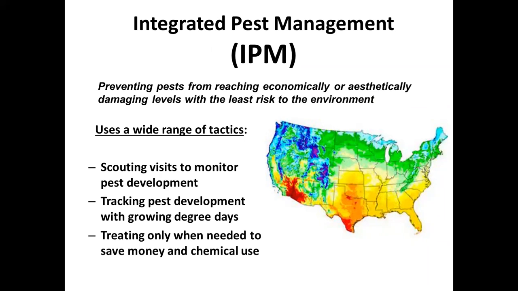So scouting visits to monitor the pest development. That's over the next handful of weeks. That's what Kyle and I do quite a bit. In fact, Kyle, I was going to mention when I walked yesterday to the hardware store, right now, scouting never stops for me. I'm always looking at, oh, I noticed there's lilacs breaking bud.